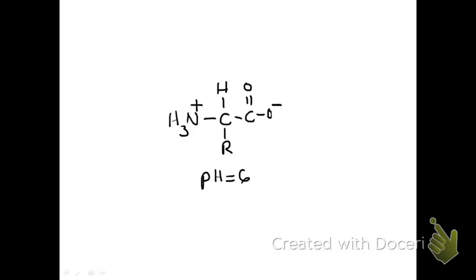So this is what alanine should look like at the isoelectric point, and notice you have the same number of positive and negative charges, so it's neutral. Now, as you move above the isoelectric point, so the pH is going to be greater than 6, then our amino acid more or less becomes more basic.